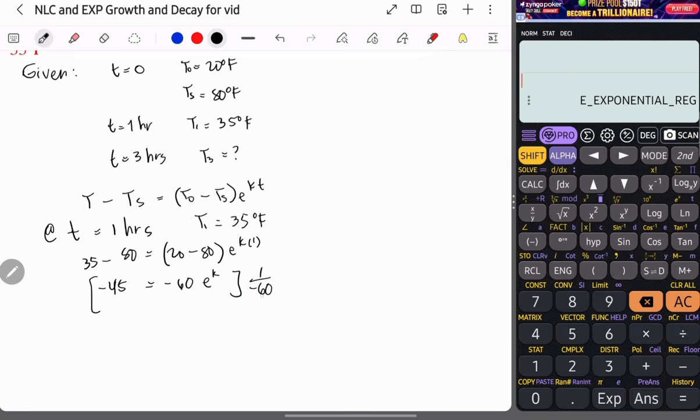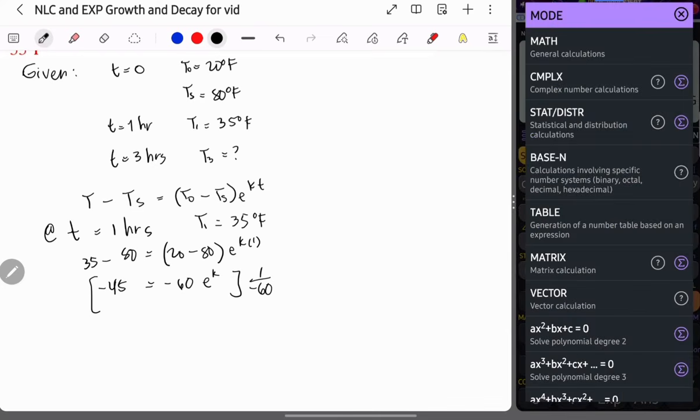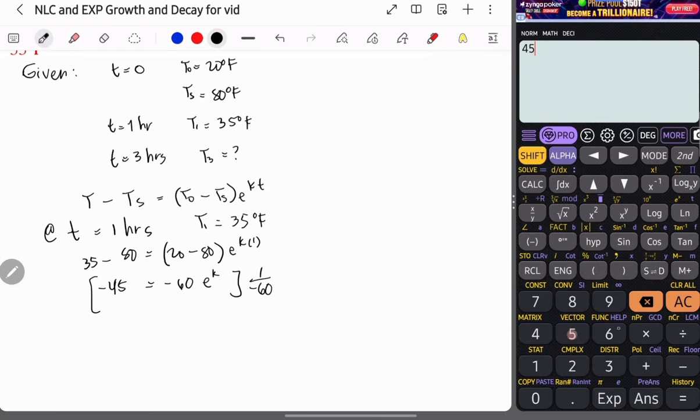So negative 45 divided by negative 60. 45 divided by 60 is 3/4. Then e to the k. Then to get rid of e, we will use ln on both sides. So k is equivalent to ln 3/4.